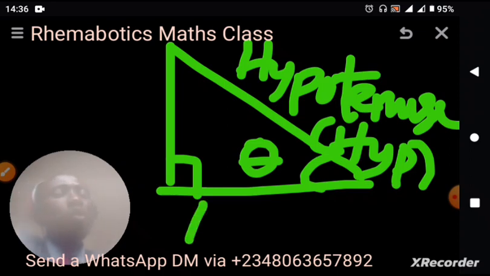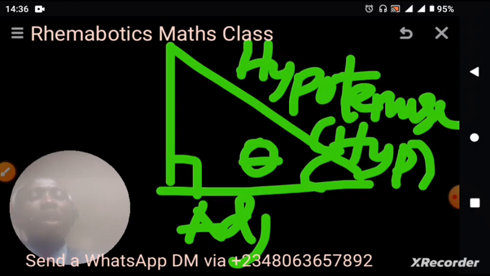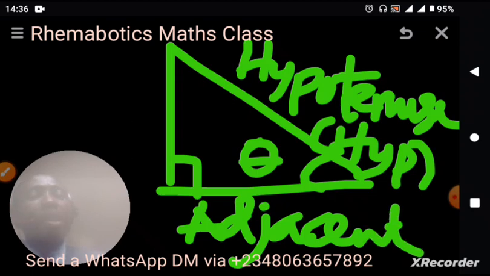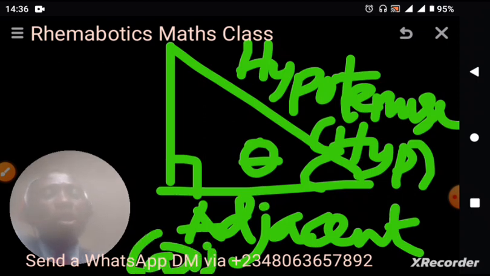And we have the base, where the angle is seated. We call it the adjacent side. It is always perpendicular to the opposite side. We use ADJ to represent it.